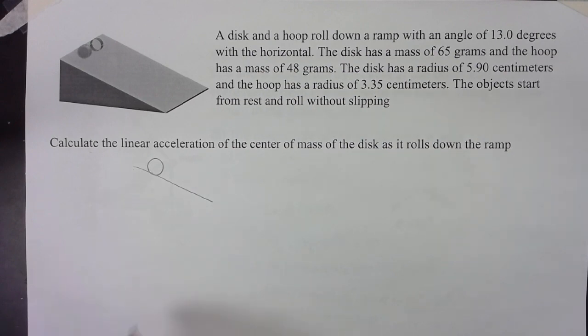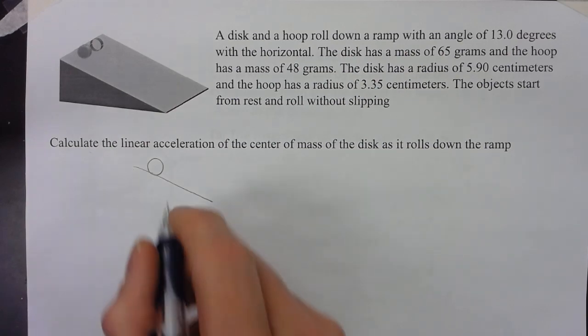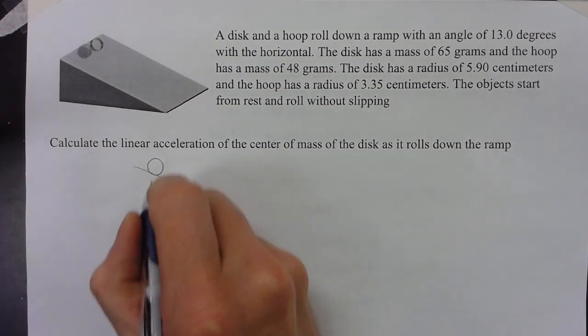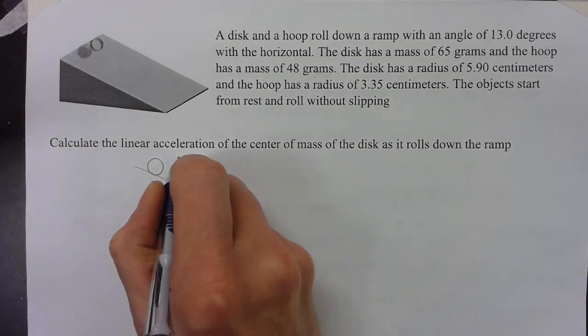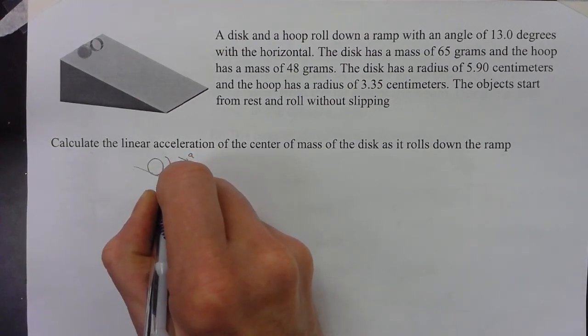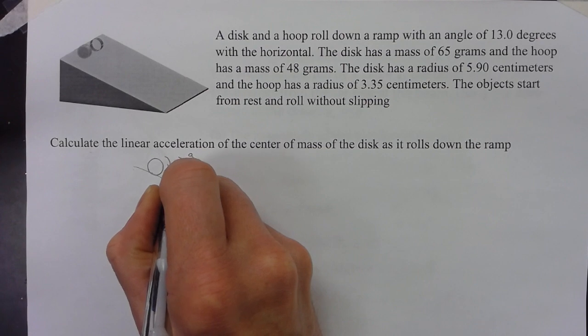Now, to figure out that acceleration, we need to know what forces are acting on it. This object is going to accelerate linearly and rotationally. That linear acceleration is going to be down the ramp, of course, and that angular acceleration is going to be clockwise from this point of view.